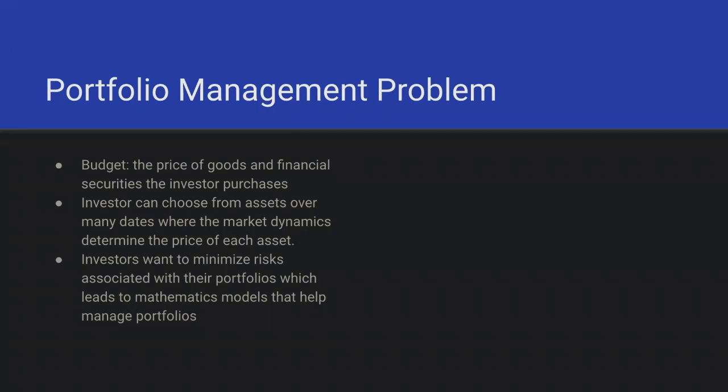The goal of the investor with their portfolio is usually to minimize their risks associated with their portfolio. So they want to minimize their risk while also maximizing their return. To solve this, there's been mathematical models created for managing portfolios.